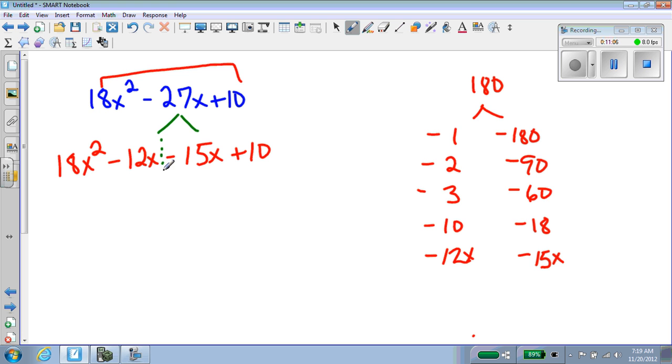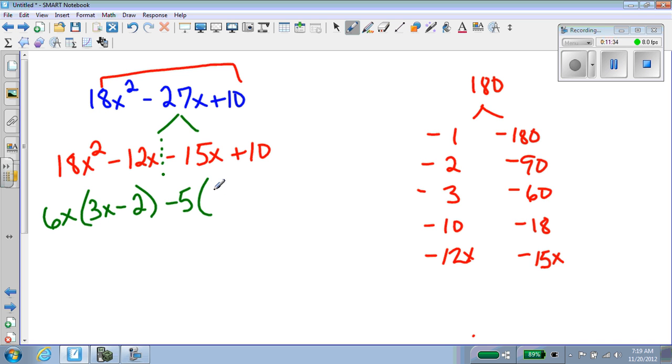Okay, so these terms have 6x in common, leaving 3x minus 2. These terms have 5 in common, but if I just factor out the 5, I'm going to have -3x plus 2, and I want it to be positive 3x minus 2. So I am also going to factor out a negative.